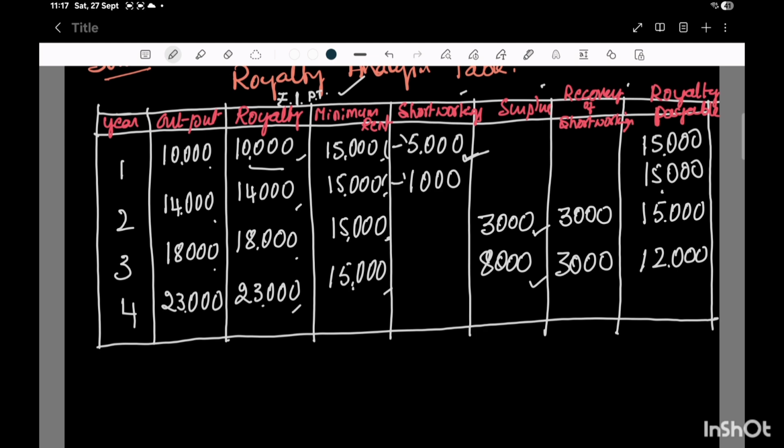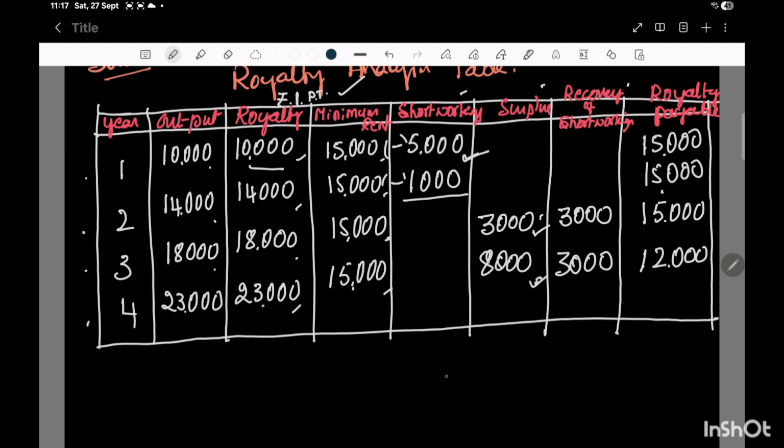Okay, the lessee is going to do it as per the agreement. According to that, first 4 years means 1, 2, 3, 4. This surplus, you got surplus in the third year and fourth year, can be utilized to adjust, to recover this short workings.